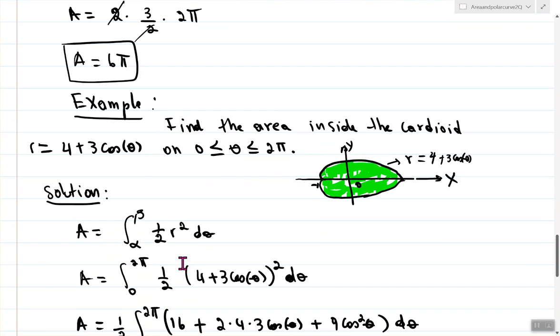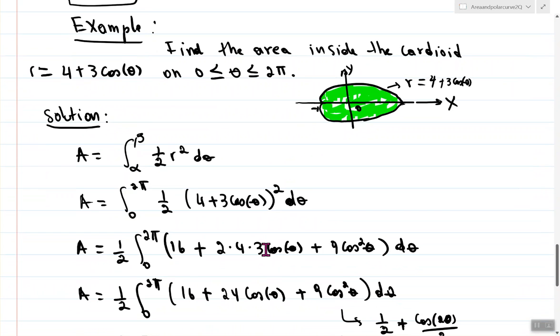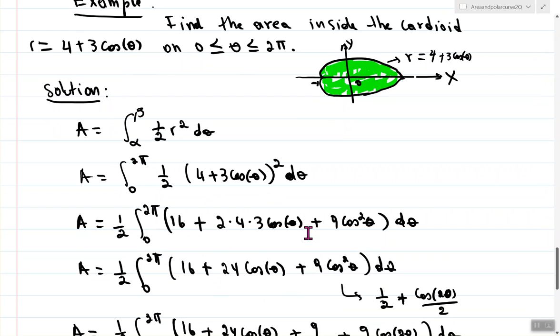The last one is to find the area inside the cardioid r equals 4 plus 3 cosine theta, where theta is between 0 and 2 pi. If you graph it, it looks like that. And again, the same thing. You have a half, you square r, and when you expand it, FOIL it out, you get 16 plus 2 times 4 times 3 cosine theta plus 9 cosine squared theta.